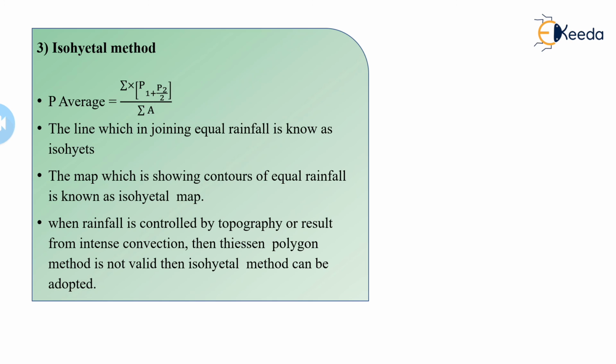By referring to that map and calculating the areas using a planimeter, etc., we have the precipitation data with us. By taking the average of this precipitation and multiplying by the area, and summing, we will get the average precipitation value. Thanks for watching this video.